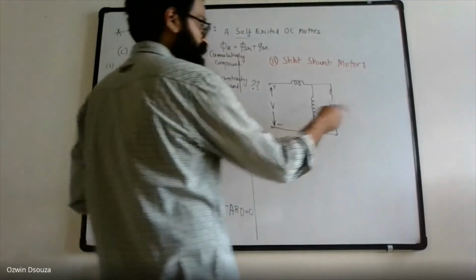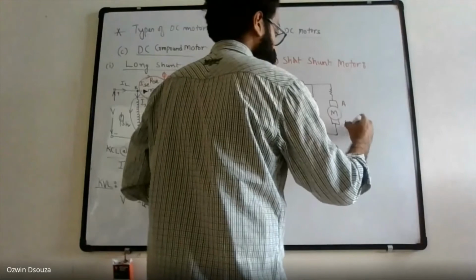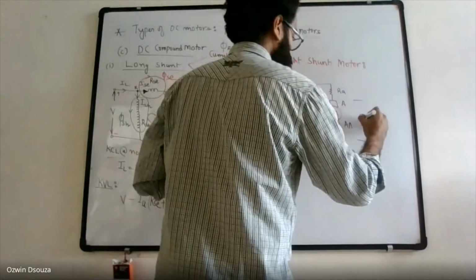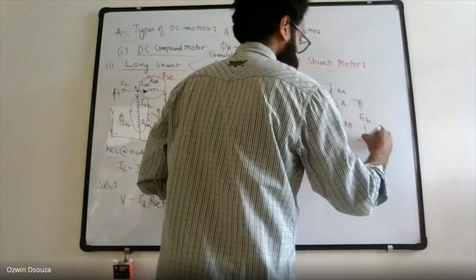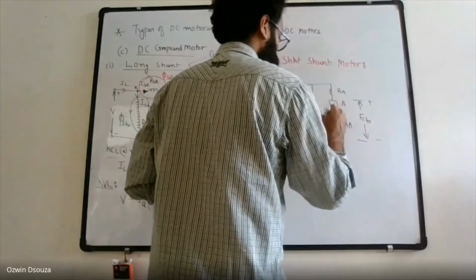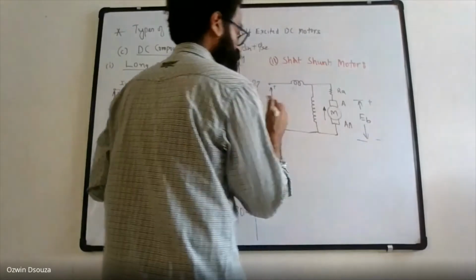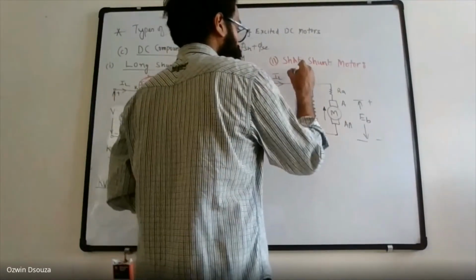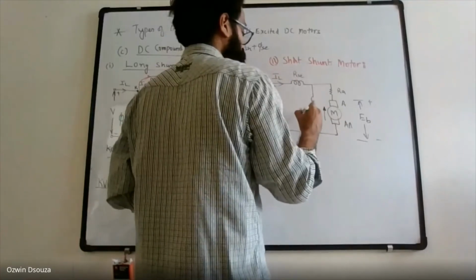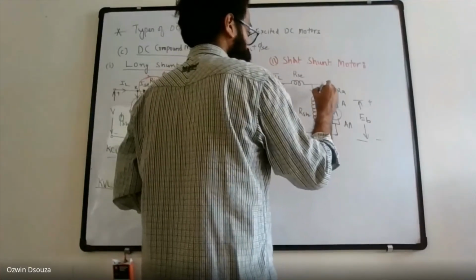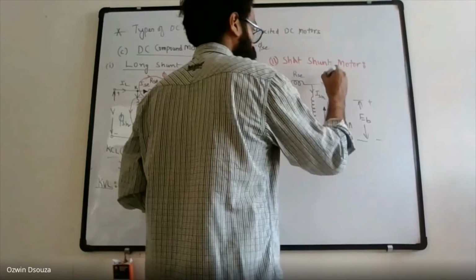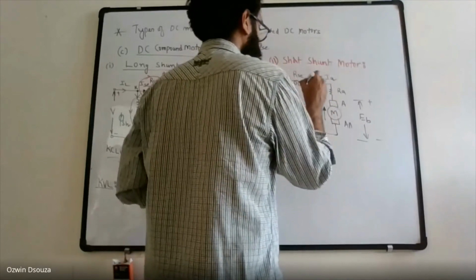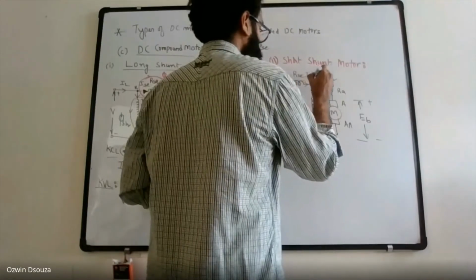This is RA, this is EB, opposing the back EMF here. Load current or line current. This is RSC, RSH, ISH, IA, and this is ISC.